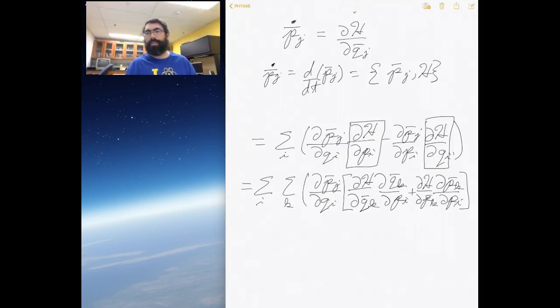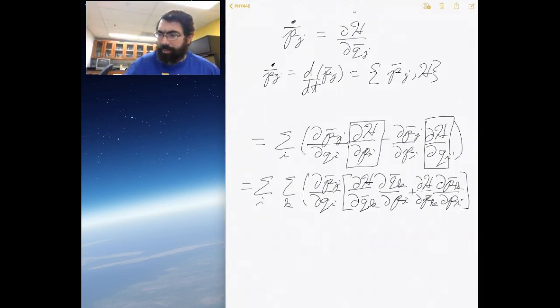So basically all that's in that square bracket is taking that derivative of the Hamiltonian with respect to P, the momentum in the original frame of reference, and then doing a transformation. I'm changing from the unbarred frame of reference into the barred frame of reference.